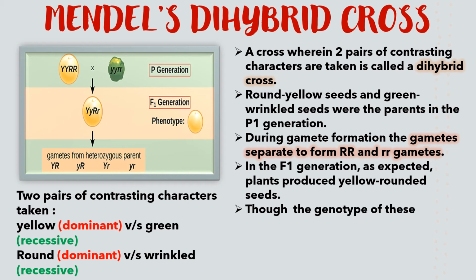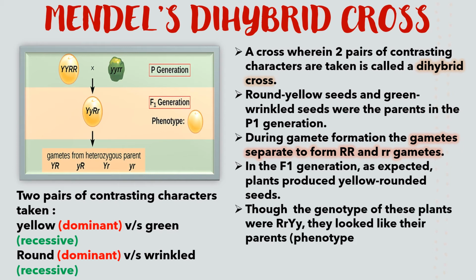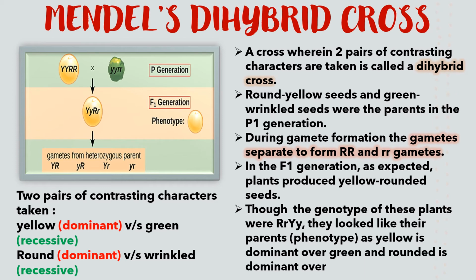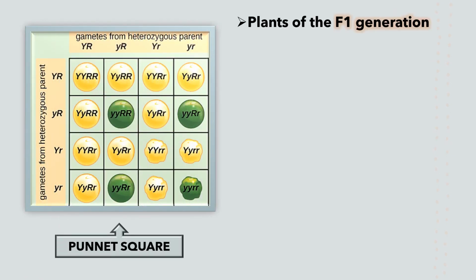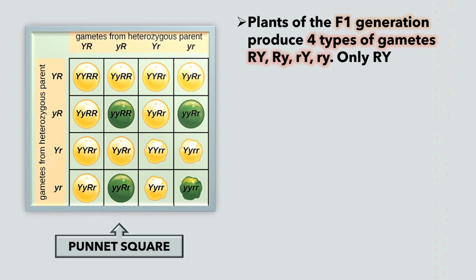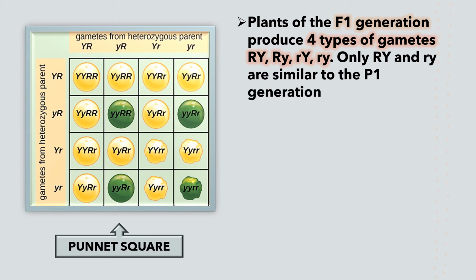Though the genotype of these plants was mixed, that is, they had all characteristics, yellow, green, round and wrinkled together, but they looked like their parents, yellow and rounded. Plants of the F1 or the first filial generation. After the parental generation comes the first filial or F1 generation.